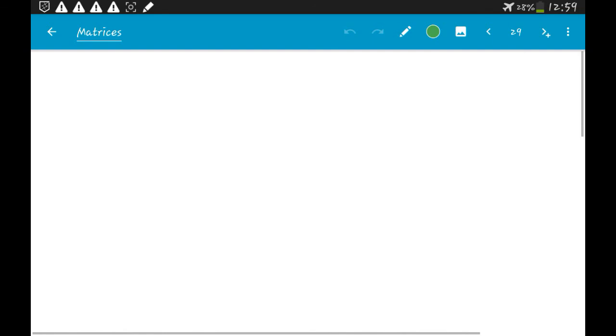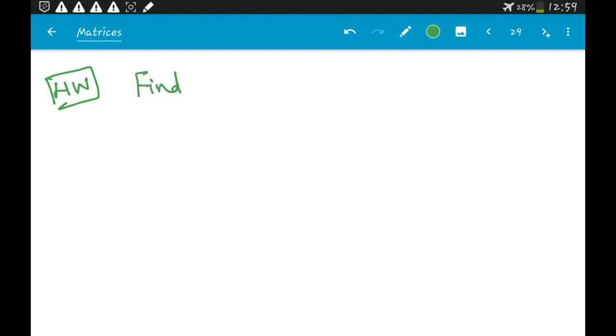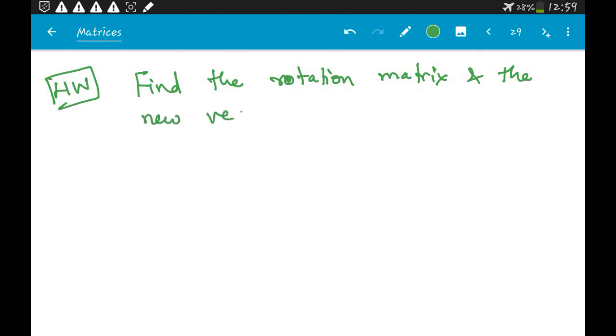Alright. I have a small homework for you in this section, which is to find the rotation matrix and the new vector after the following operations.